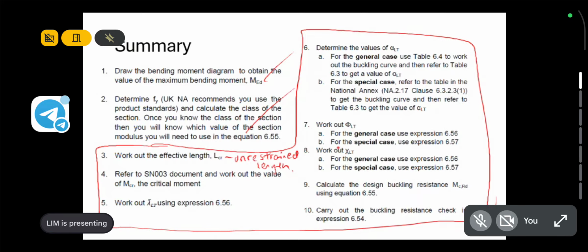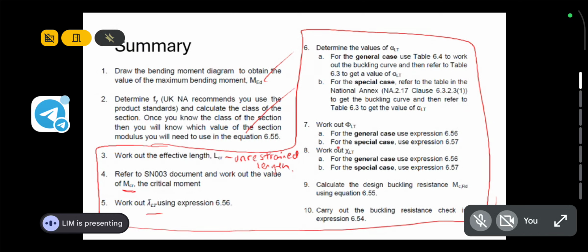Now, next, you work backwards from my slide. You go to the last slide. You calculate the last figure first, MCR, because you need to feed it into the previous formula. So, step 4, you work out the MCR. Once you have the MCR, then you can work out gamma LT.